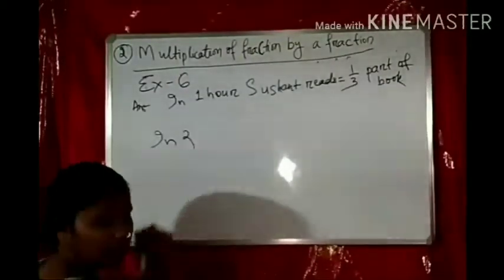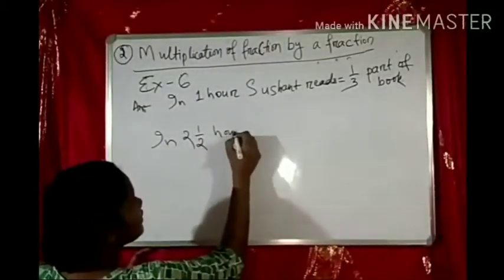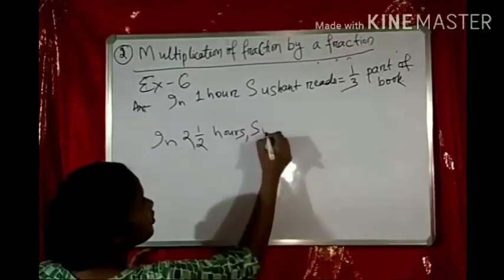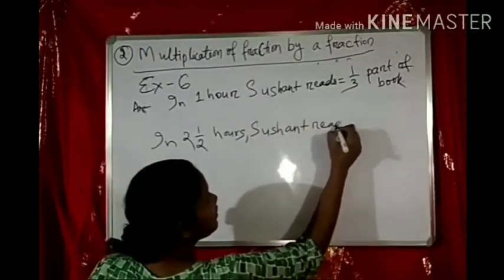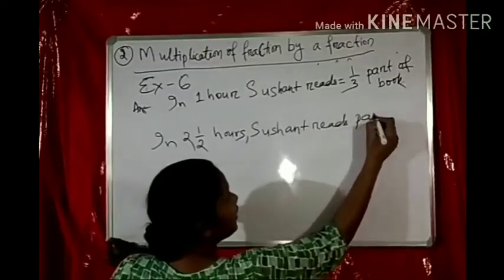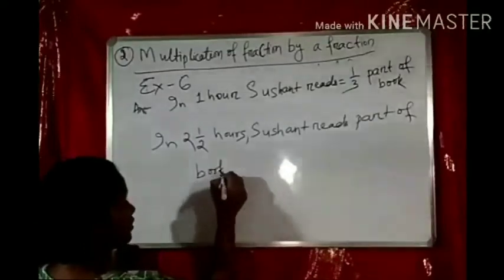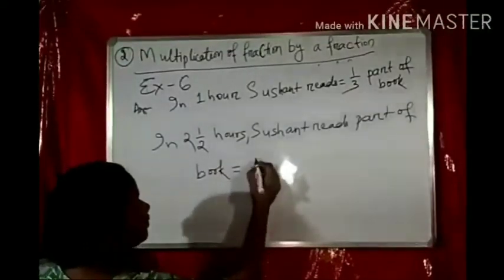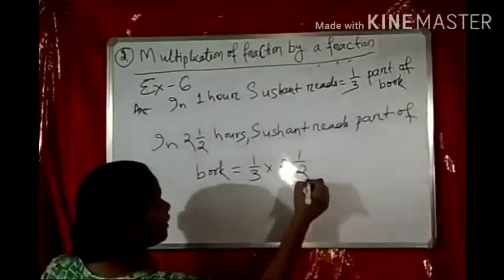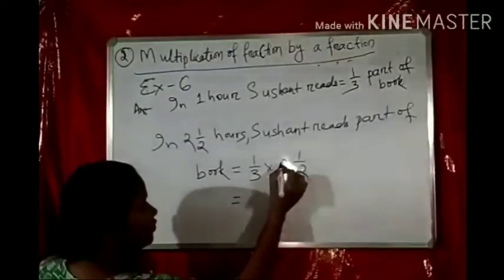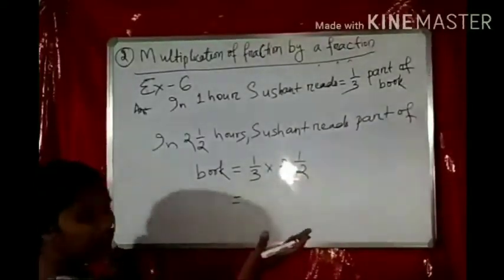Next, what is it asking? In 2.5 hours, Sushant reads part of the book equal to 1 by 3 into 2.5 equal to, we'll convert this mixed fraction into what fraction?